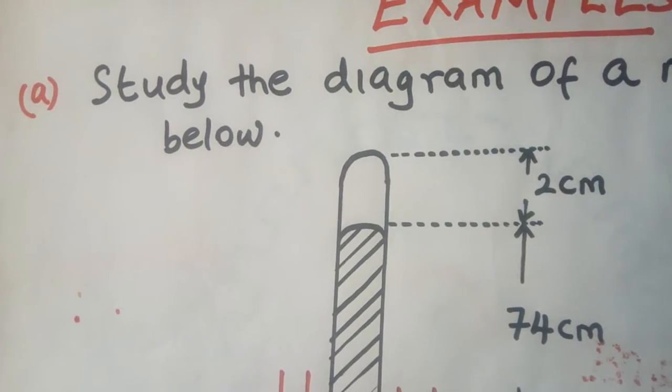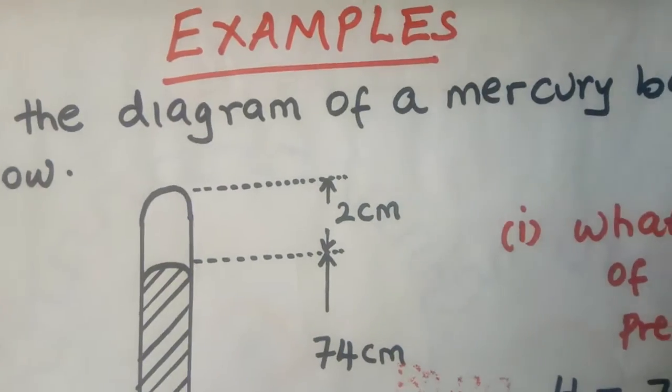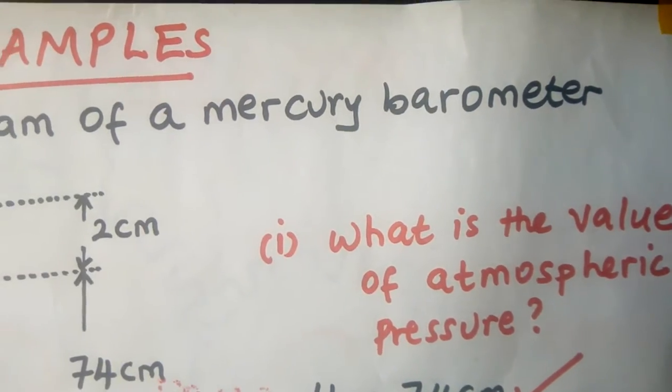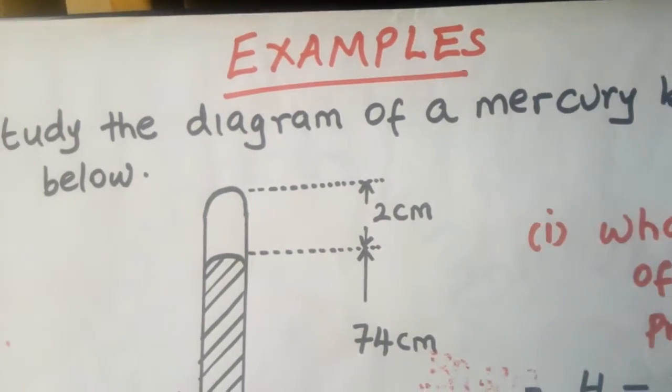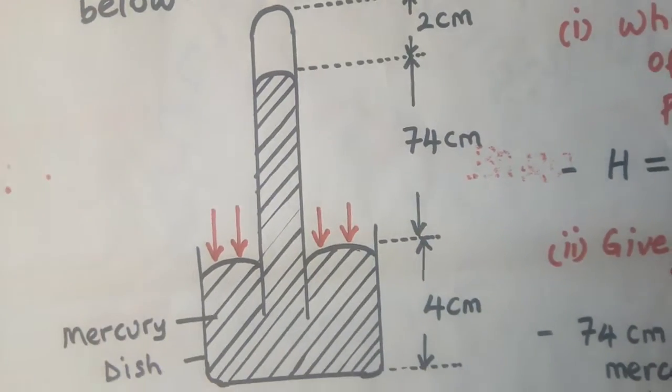In A, it says study the diagram of a mercury barometer below. And this is how the mercury barometer looks like.